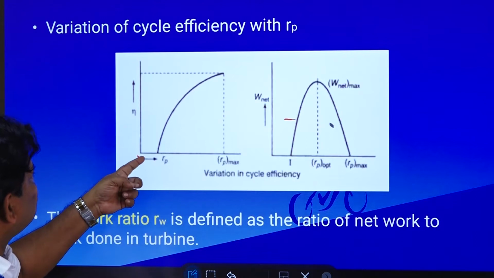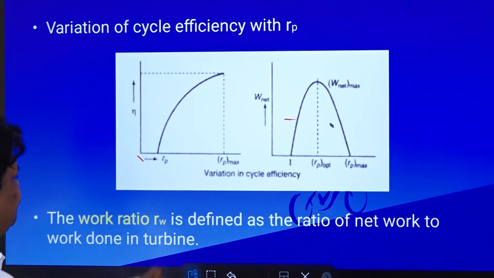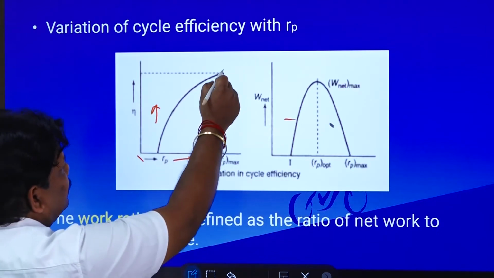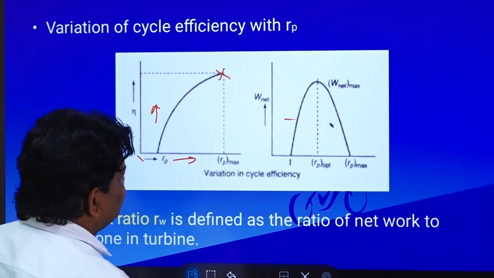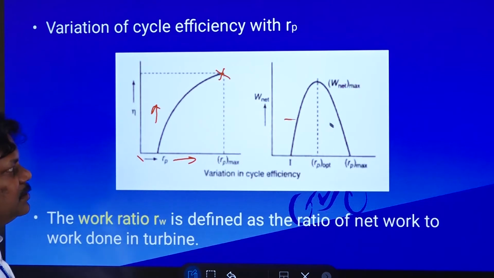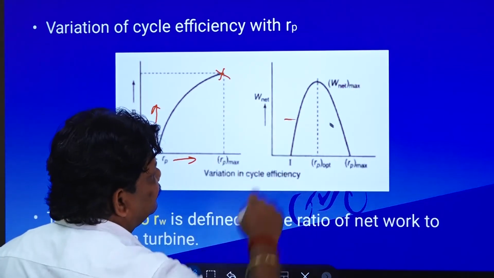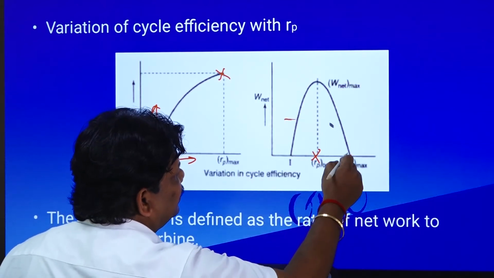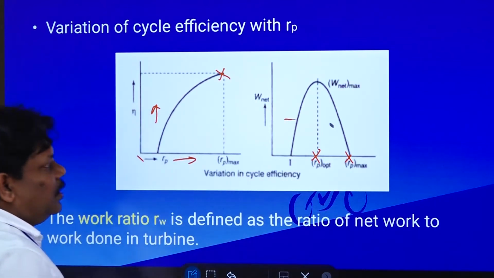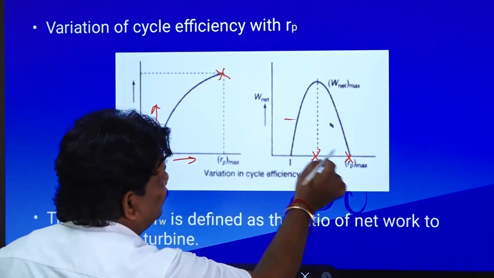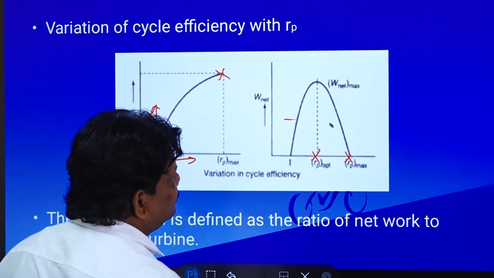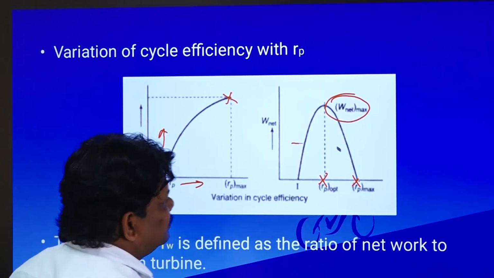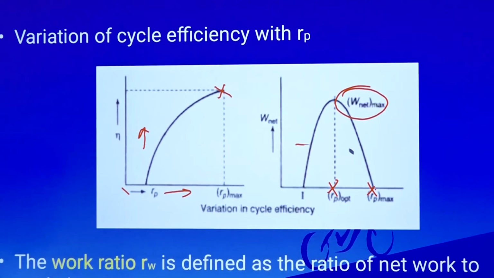As long as you improve the pressure ratio, the efficiency also increases, but at a certain point the pressure ratio becomes maximum. Similarly, in the case of net work done, you will get the optimum work done and also the maximum pressure ratio, where you can see that the net work is very less. At optimum, the net work done is maximum. This is the variation in cycle efficiency.